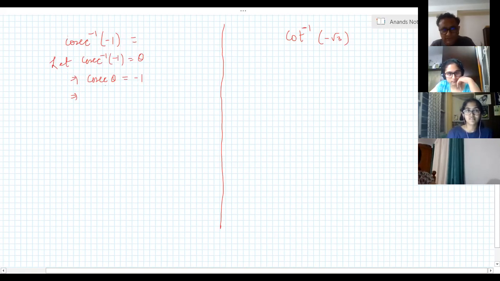So this means cosecant of minus π/2 is equal to -1. If I want to get this minus inside, sine minus theta is equal to minus sine theta. So I can directly put cosecant of minus π/2.